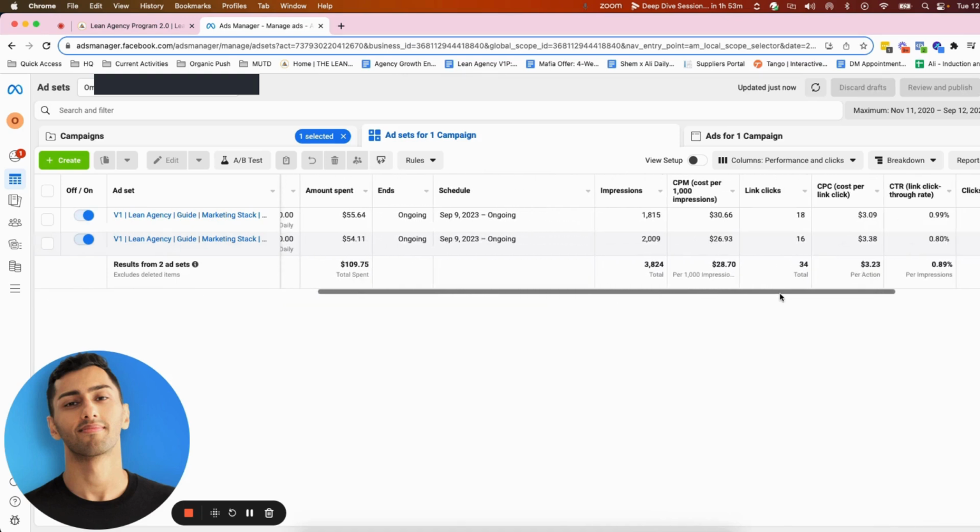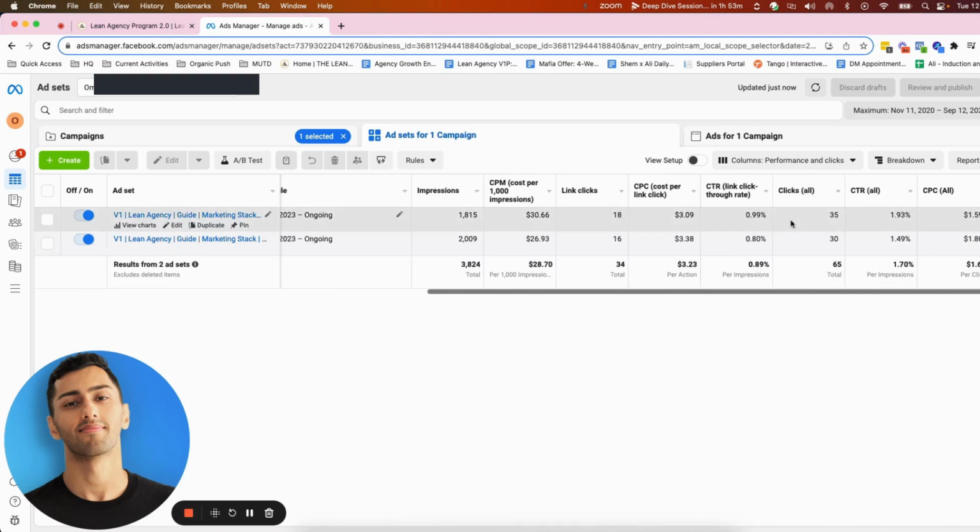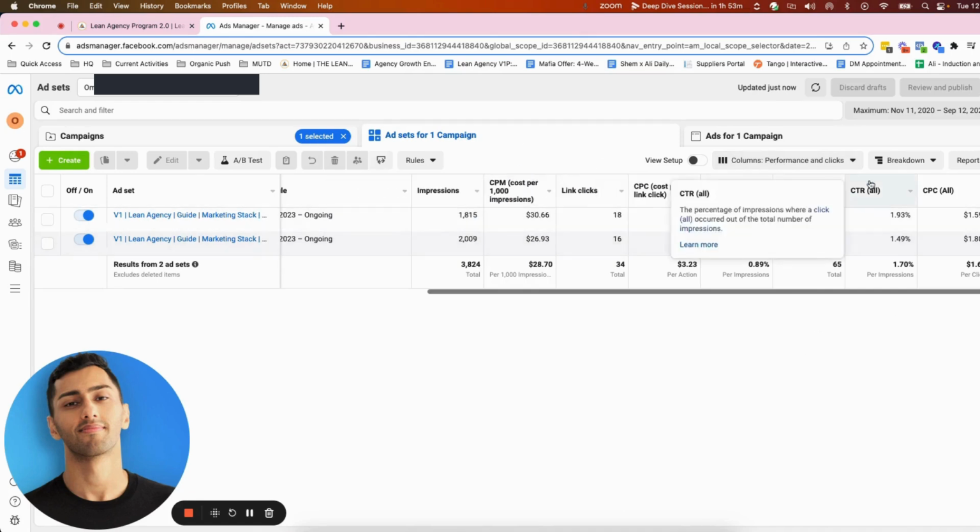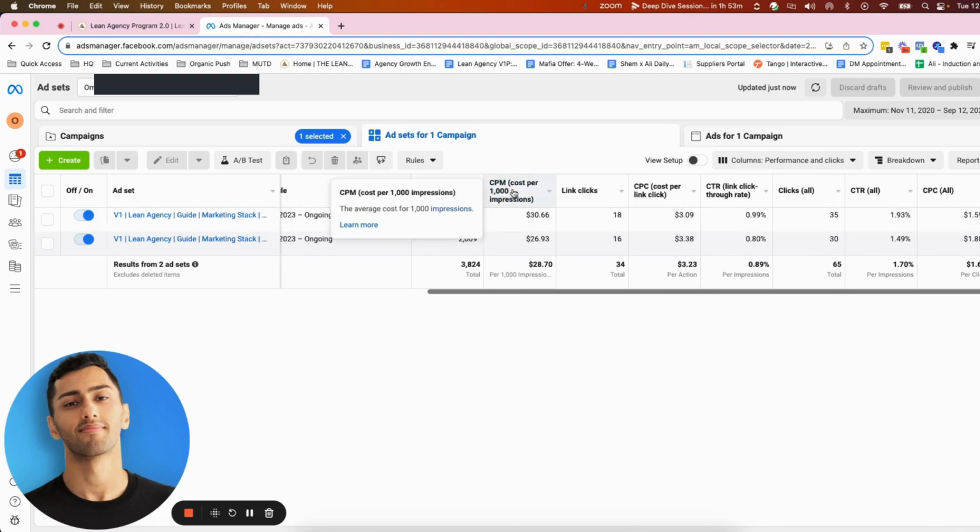So I'm scrolling to the right, and when you click the performance and clicks, you're going to have some metrics here, guys. I will ignore all these metrics like clicks all, CTR all, and CPC all, and I'm only paying attention to the unique metrics here. Okay, we have CPM, we have link clicks, and we have CPC and CTR.